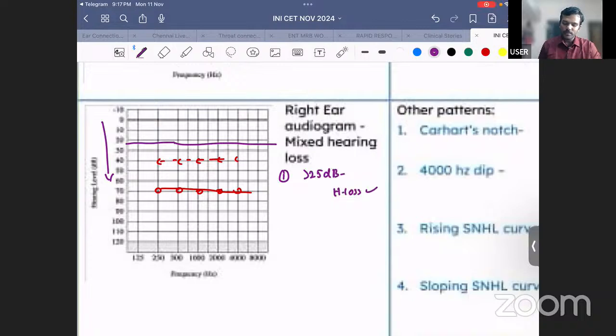The second thumb rule is, the bone conduction curve is more than 25 decibel, which shows that sensory neural loss is there.